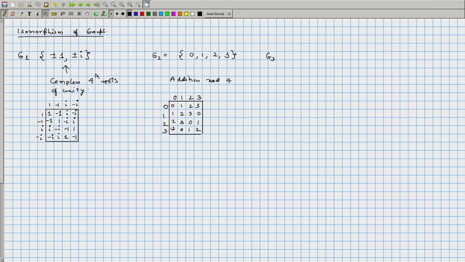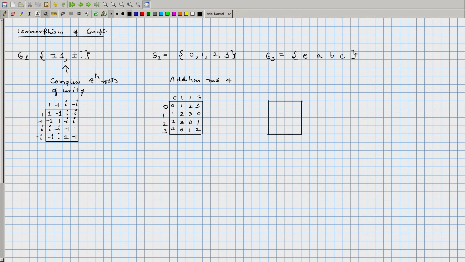Another group is the familiar group that we had introduced when we started, consisting of 4 elements E, A, B and C. And their multiplication was given as follows.